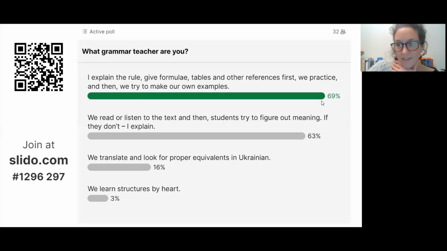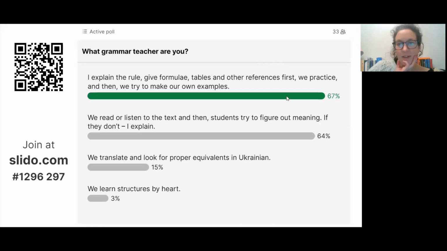So we have almost 70% who explain the rules first and then make examples. And we have 64% of those who read, listen to a text, and then students try to figure out the meaning. And it looks like we have, I believe, only one person who learns structures by heart.